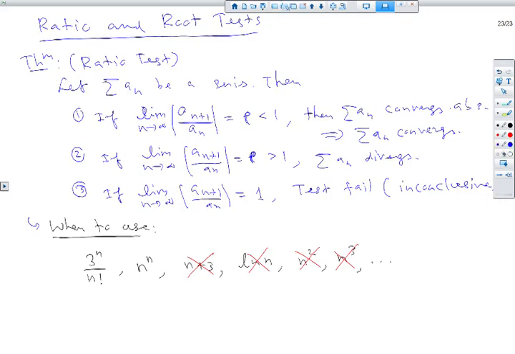So example number 1: test for convergence. The first one, sigma n going from 1 to infinity, negative 1 to the n, n cubed over 5 to the n. The 5 to the n is the reason why we use this.